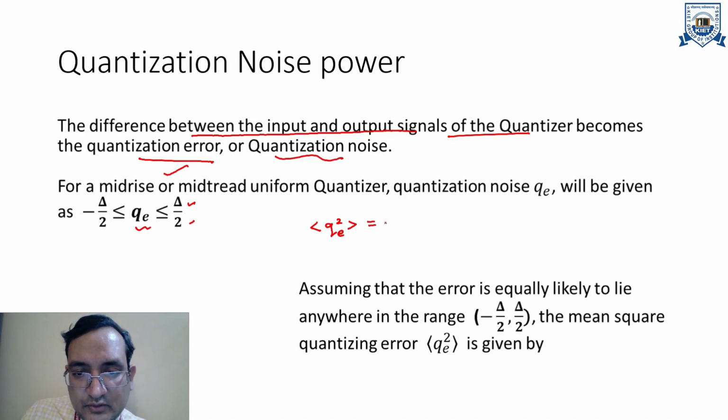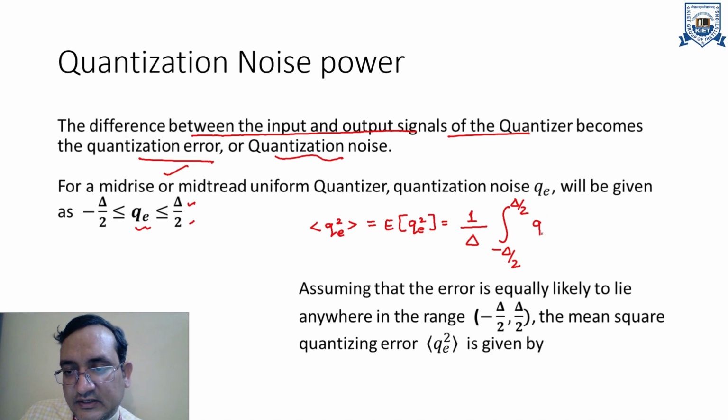As E represents the mean value, it is 1 upon delta times the integration from minus delta by 2 to plus delta by 2 of QE square dQE. This is the expansion of expectation with the help of mathematical aspects. If you calculate this, you will get 1 upon delta times QE cube divided by 3, from minus delta by 2 to plus delta by 2.